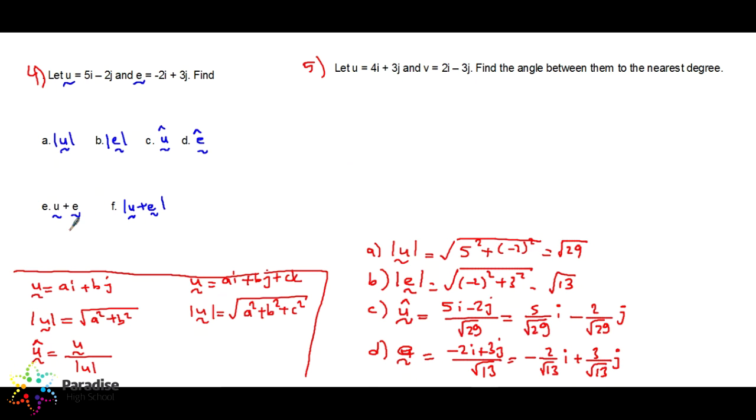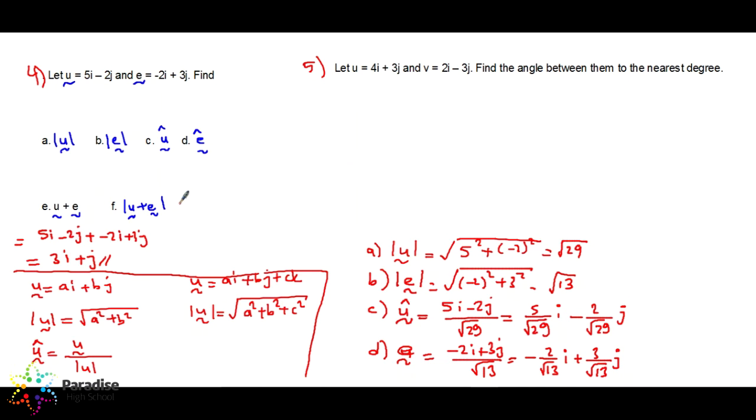Then the next question is find u plus e. So we basically add them. 5i minus 2j plus, what is e? Negative 2i plus 3j. So the result will be 3i plus j. 5i minus 2i is 3i, negative 2j plus 3j is plus j.